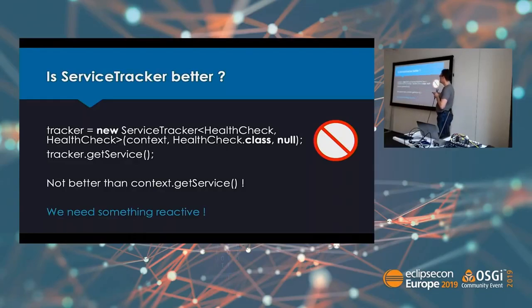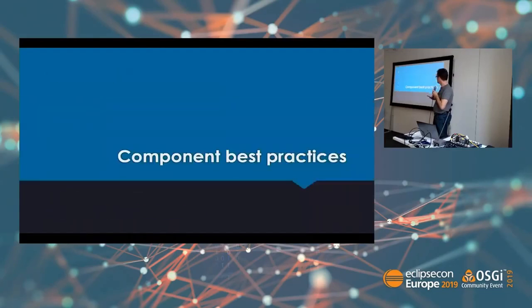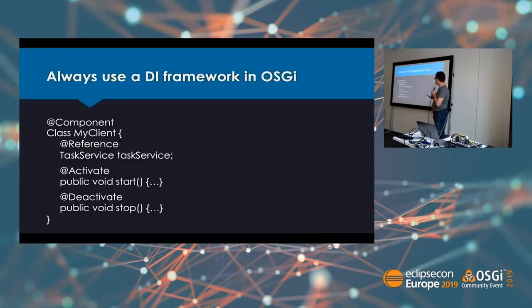So instead, we need something reactive, and we need something that scales. The big problem with service tracker is it does not really scale if you have 5 services to track, because you have to cascade these service trackers, and this is not really nice to do. So basically, this gets us into the declarative services space.